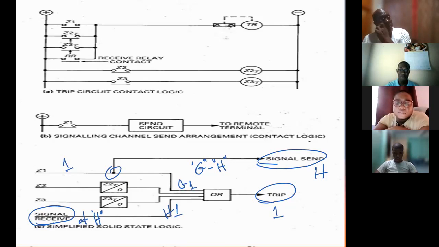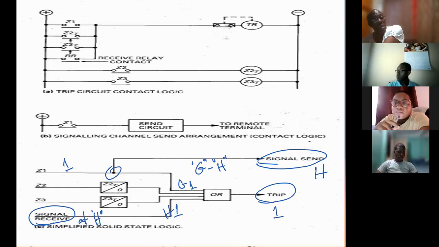Again, I repeat, always remember that this is repeated at either end of the line. So H would also have a receive signal port, or G would also have a receive signal.